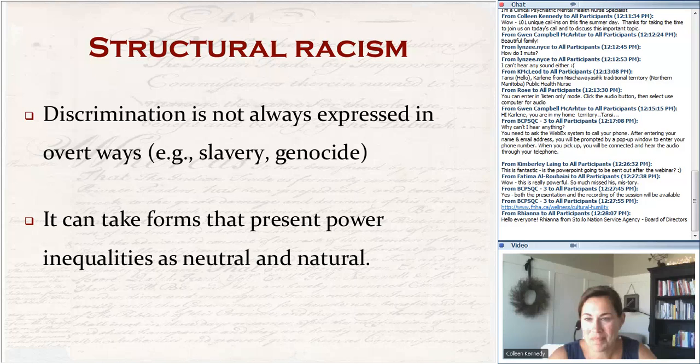Sometimes, as I mentioned, those roots are deep within the structures of a society, so much so that people don't often question or challenge the fact that, for instance, the most powerful people in Canada are almost exclusively racialized as white males from privileged backgrounds, or that the policies, programs, and practices of our society almost always privilege members of those groups.